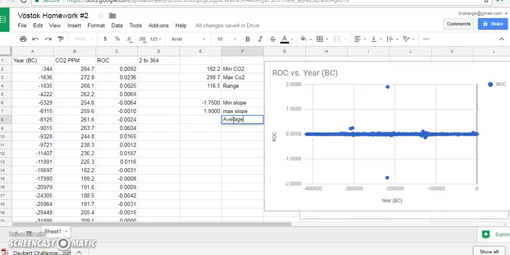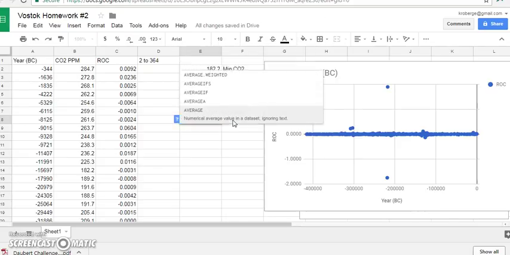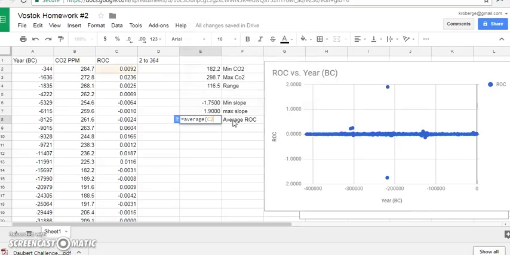So we do an average rate of change equals average, and I can take C2 to C363, parentheses. This is the average rate of change. So it's pretty small. Now there's a problem in this too, in that while we're averaging negative and positive numbers together, what happens? Well, if you take plus 1 and then you add negative 1 to it, you're going to get 0.